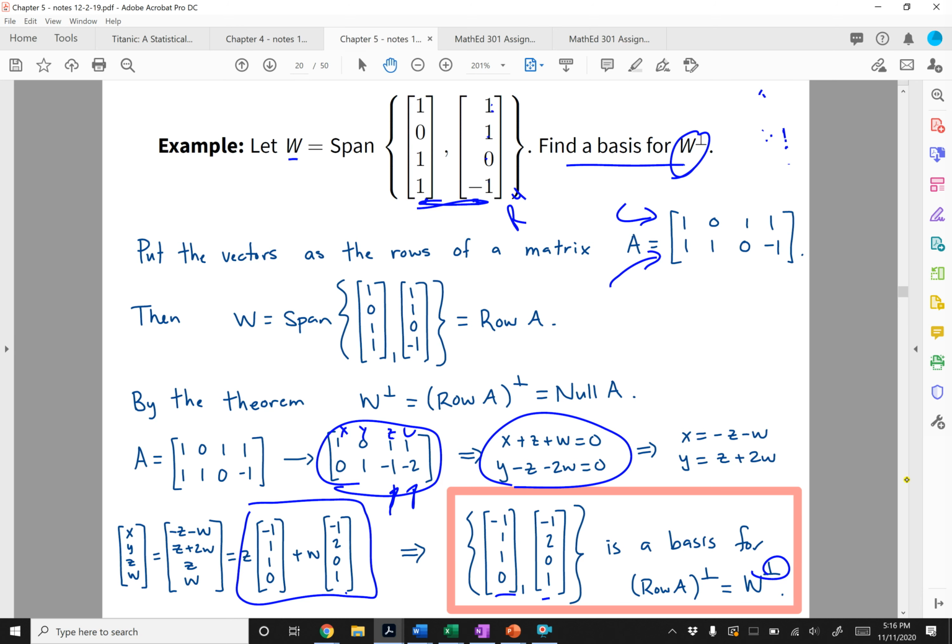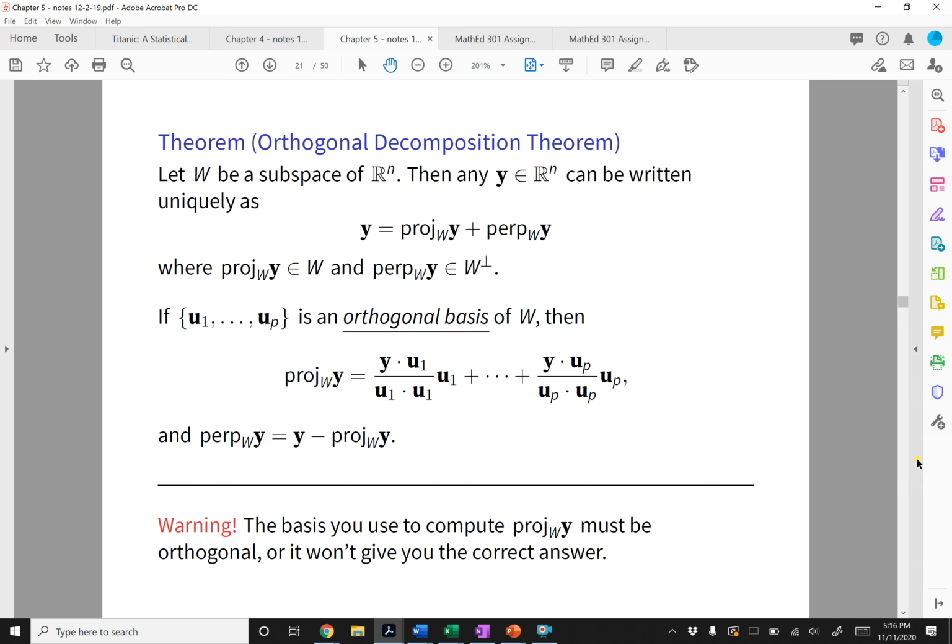So, the orthogonal decomposition theorem. If we have a subspace of Rn, then any y in Rn can be written uniquely as the projection of y onto the subspace and a piece that is perpendicular to the subspace.